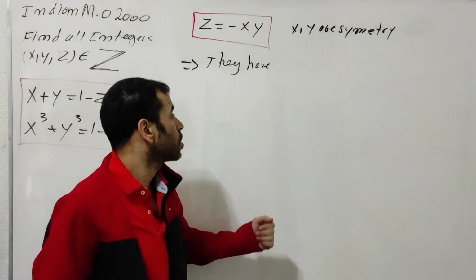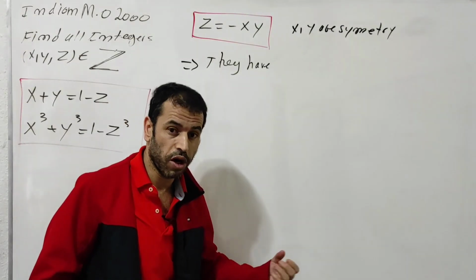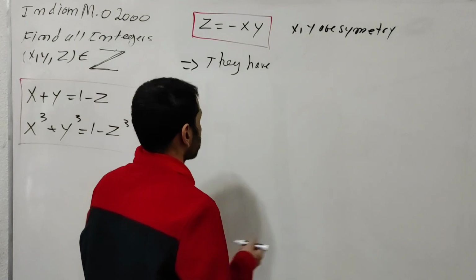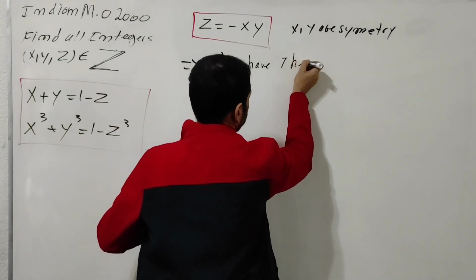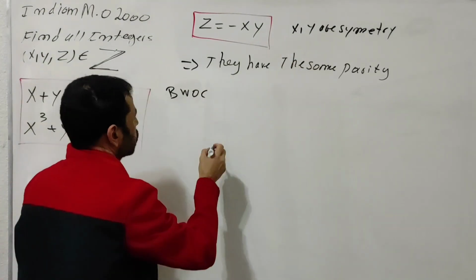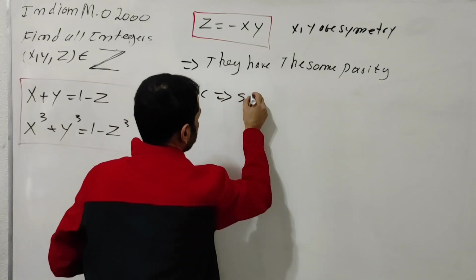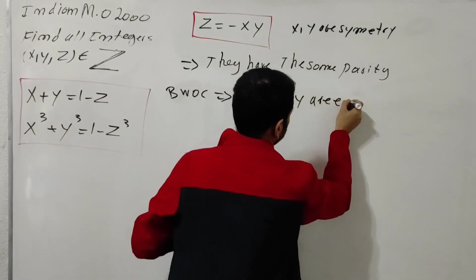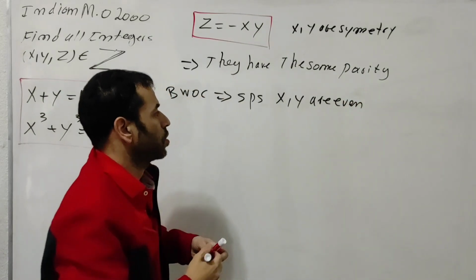In other words, they are both even or they are both odd. By way of contradiction, suppose x and y are even, because they have the same parity.